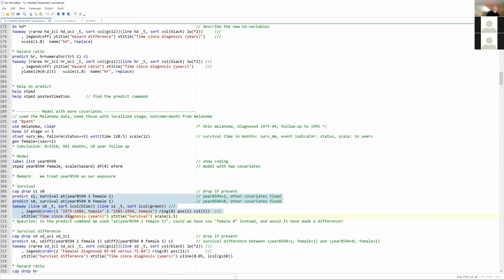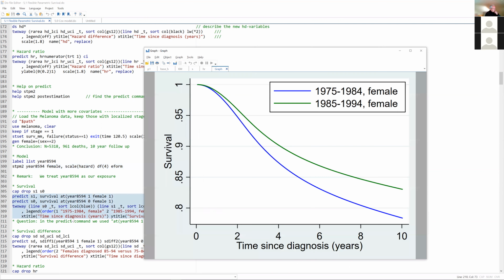And I can plot this. So now I have an adjusted or conditional survival curve, if you like, comparing, in both cases, females with diagnosis before 84 and those with diagnosis after 84. And we have better survival for those.